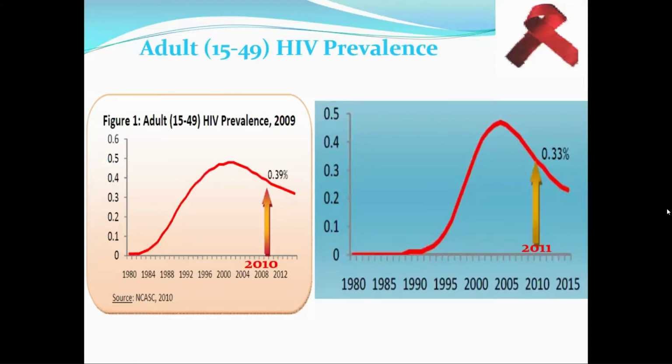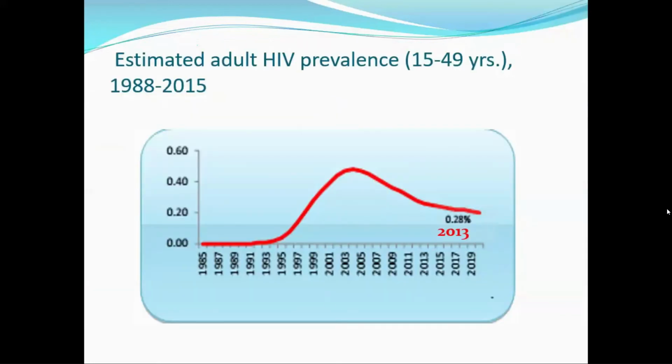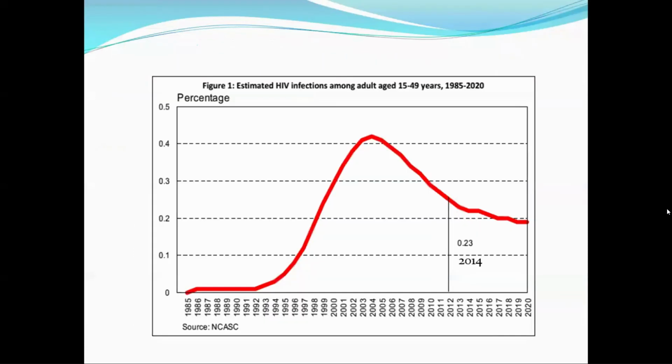Similarly, in 2010, the prevalence was 0.39. After 1 year, in 2011, it was 0.33. In 2013, prevalence was 0.28. In 2014, it was 0.23.